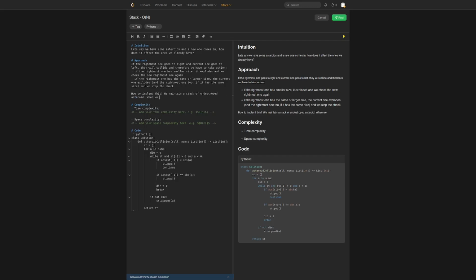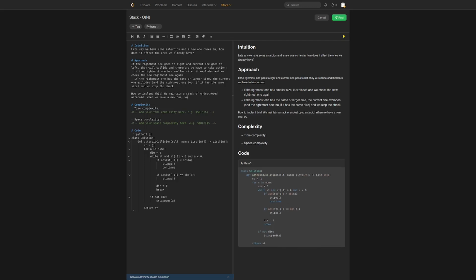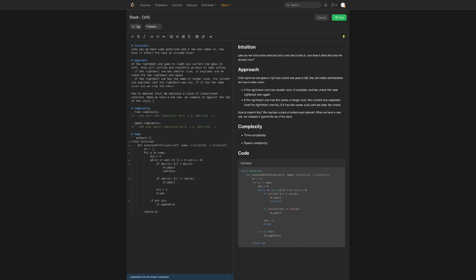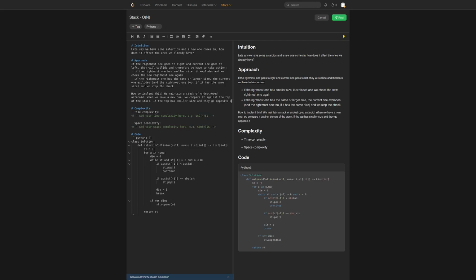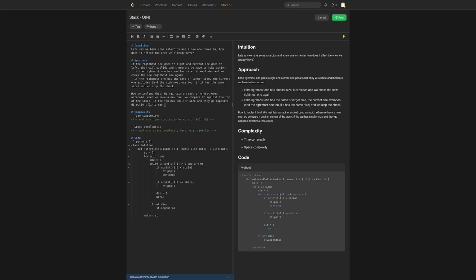We have a new one, we compare it against top of the stack. If the top has smaller size and they go opposite directions into each other, we erase the top.